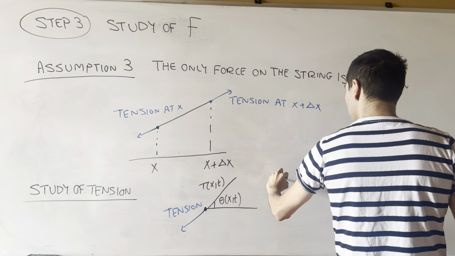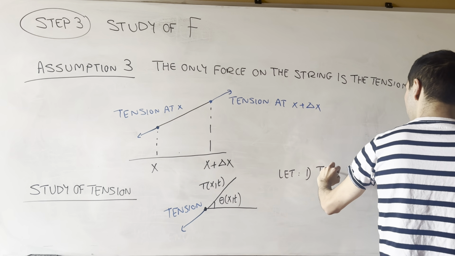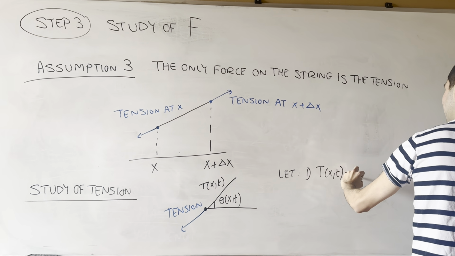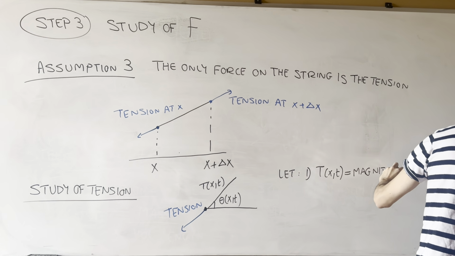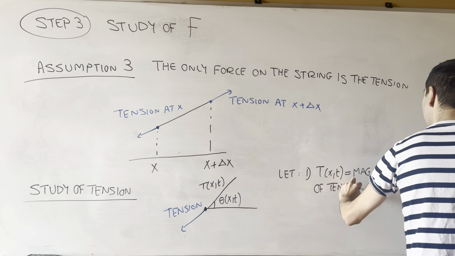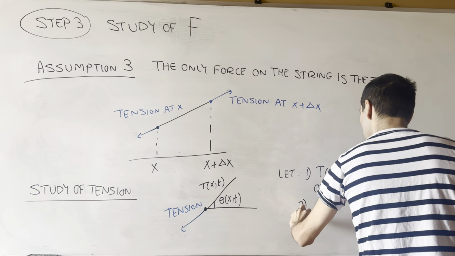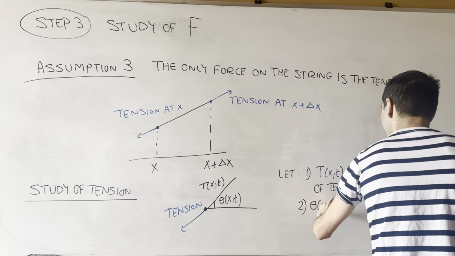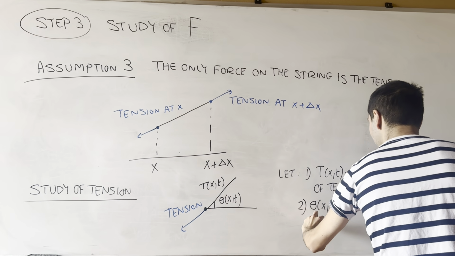So let, first of all, T of x,t be the magnitude of tension. And theta of x,t be the angle of the tension vector.